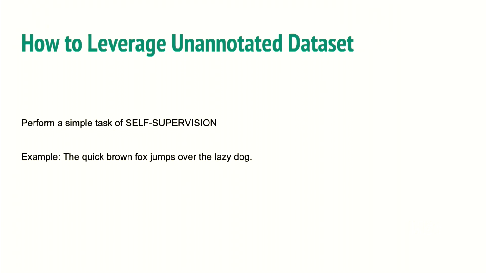You do one simple thing: you mask fox and tell the machine to predict it. Initially the machine will make mistakes, but if you go on doing it millions and billions and trillions of times, the machine will slowly begin to guess rightly that this is fox.